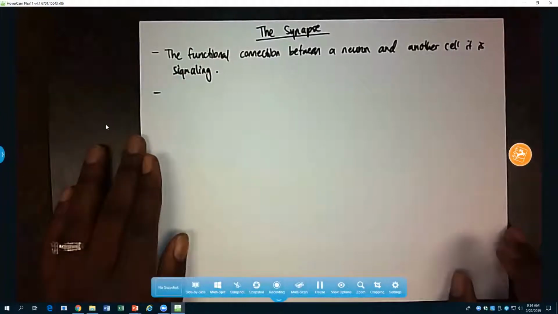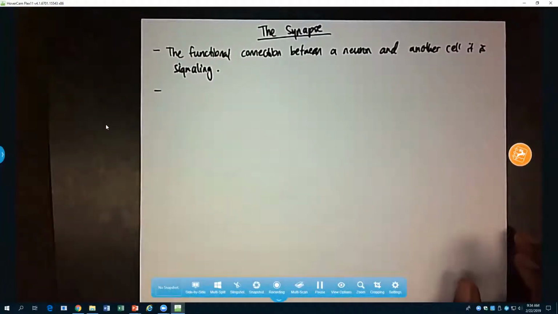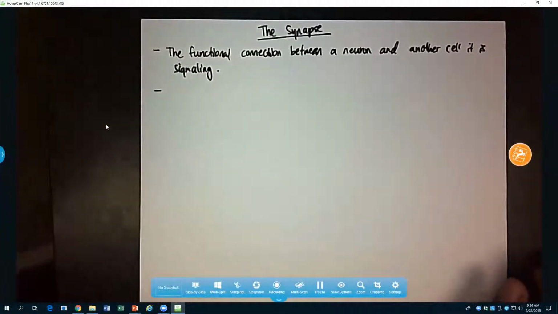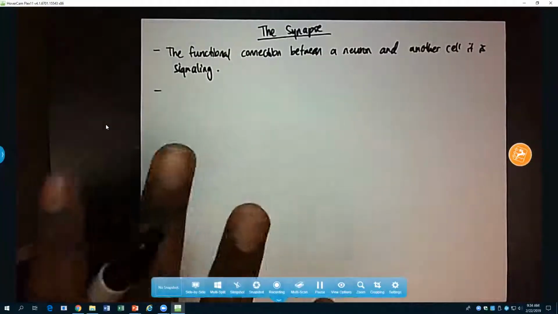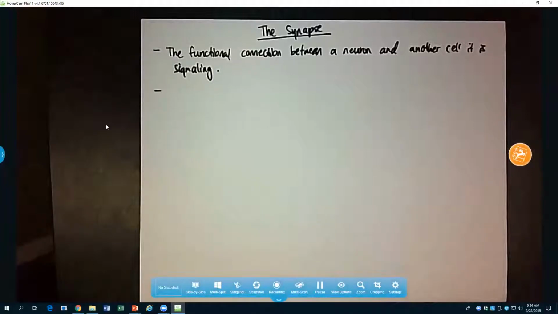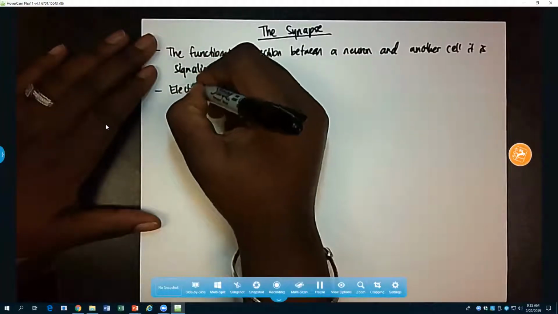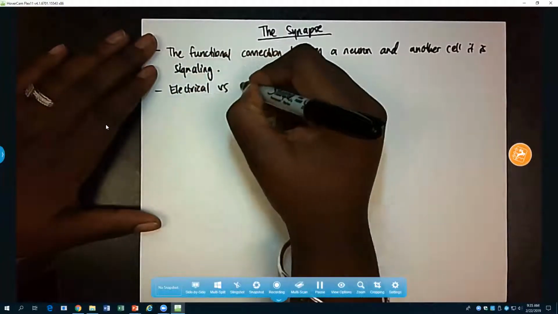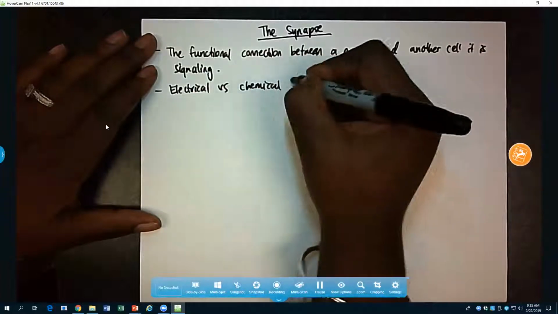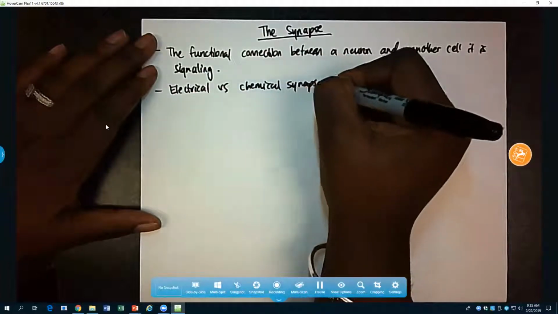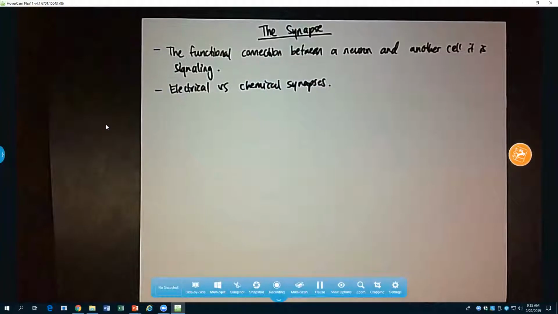Okay. Now we have three different types of neurons. We're going to talk about those in a little minute. But the two main types of synapses are electrical and chemical synapses. All right, those we'll distinguish in a minute as well.